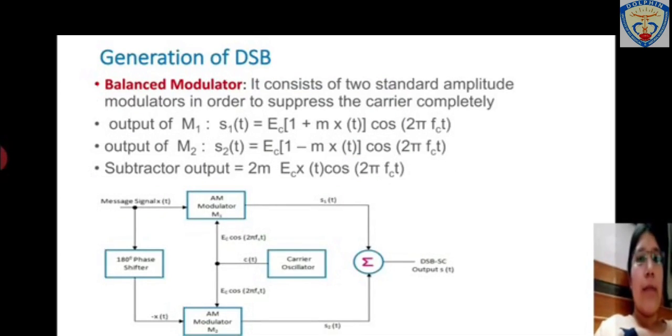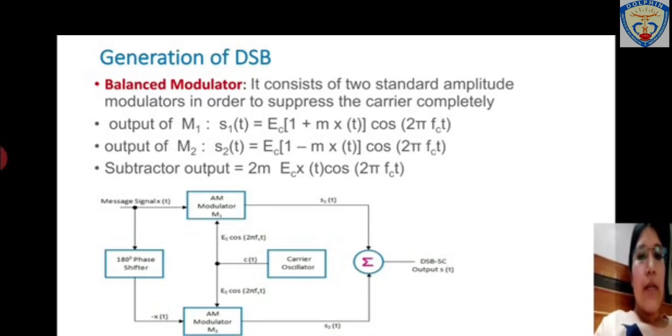Next, if you look at the generation of the DSB signal, this is generally done by the balanced modulator. This balanced modulator consists of two AM modulators and a 180-degree phase shifter. To the two modulators, the message signal is applied. One is a plain message signal and the other has a 180-degree phase shift.